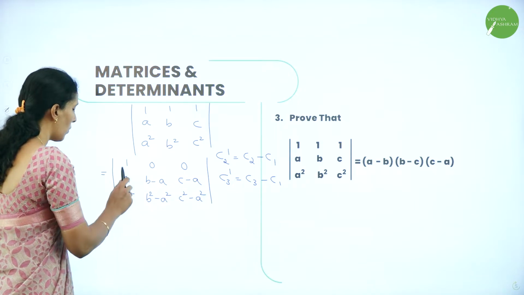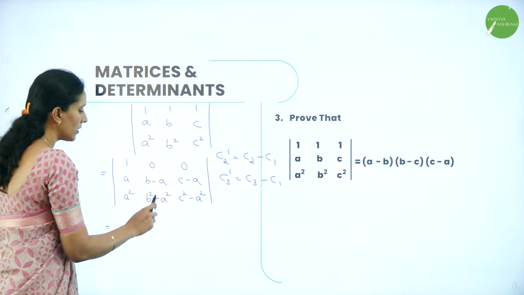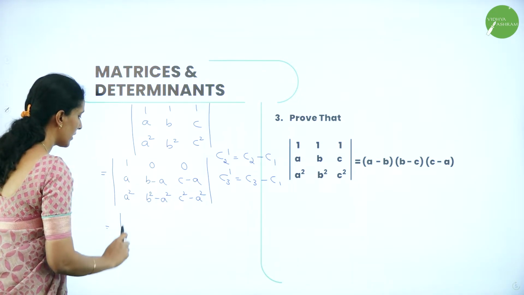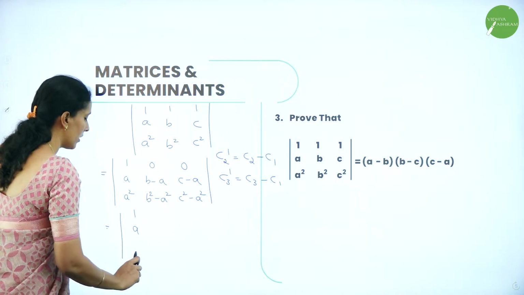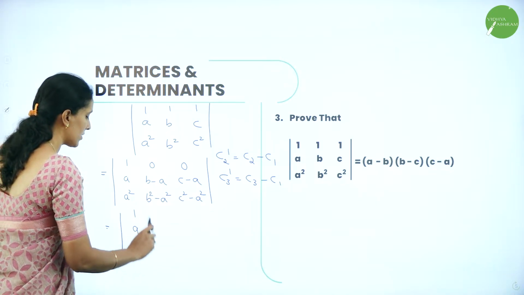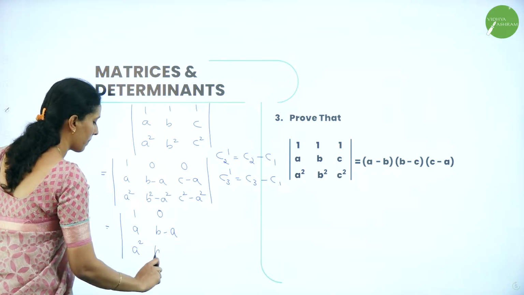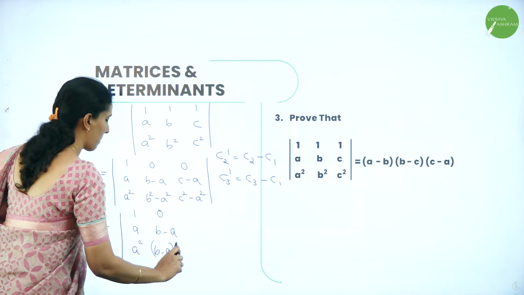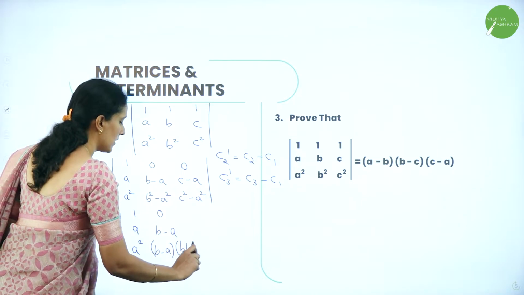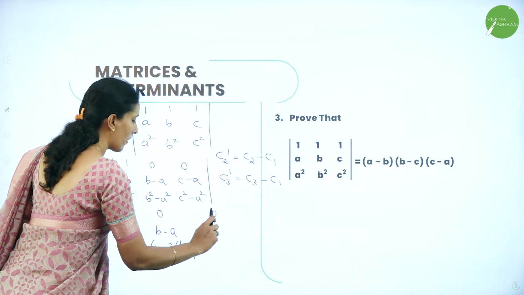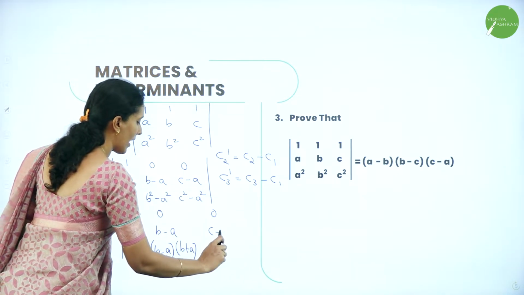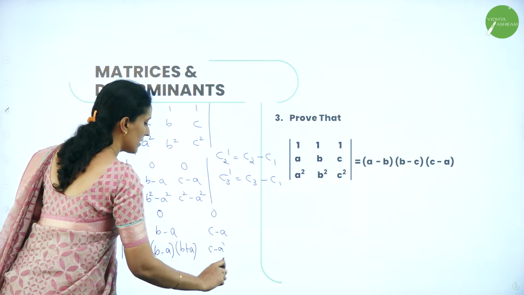Now look at the second column. Here you can write b square minus a square as b minus a, b plus a. Similarly, in the third column, you can write c square minus a square as c minus a, c plus a.